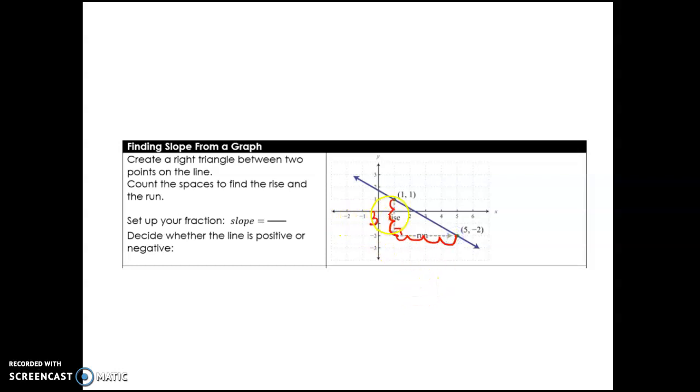Now, since we are going down 3, and my formula is rise over run, I'm going down 3, so that is a negative 3. So on top, I have negative 3, and I'm going to run 4.